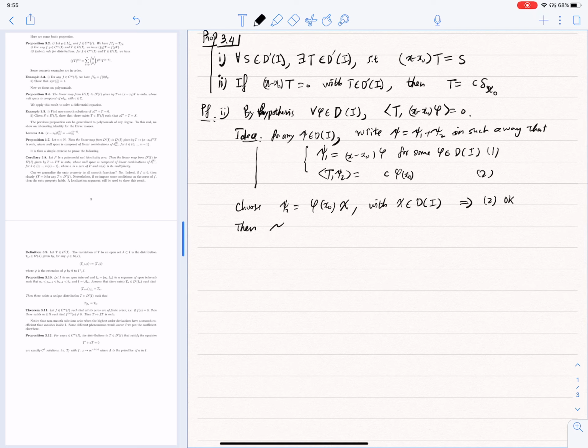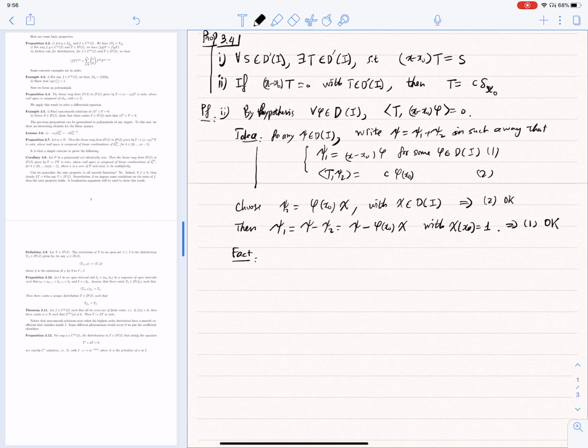Then necessarily psi 1 is psi minus psi 2, which is psi minus phi of x naught times chi. Right? In order that the first is satisfied, we are going to put another requirement on the value of the chi function at x naught. We want it to be 1. And then the first is also okay. And this is due to the following fact.